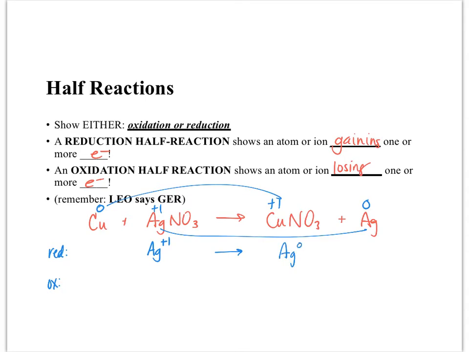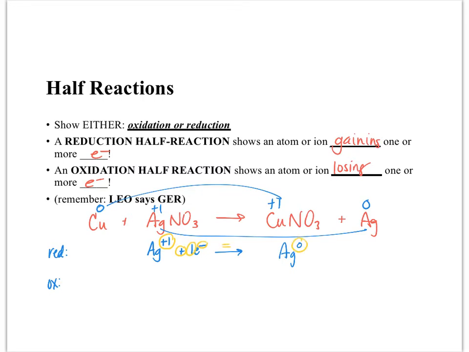Now, a half reaction is not complete until you put in how many electrons are involved in the process. Since reduction is the gaining of electrons, it's pulling more electrons towards it, I would have to add 1 electron to the left-hand side, because a +1 plus a -1 equals 0.